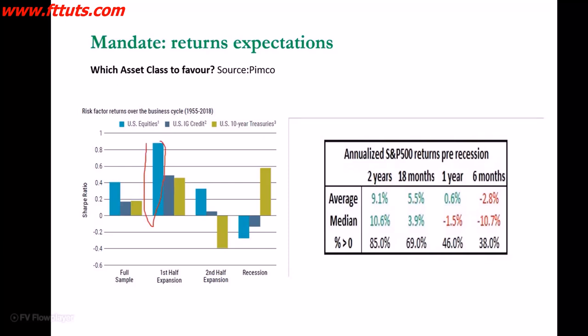In the second half, as we can see, the 10 years is not doing well. So bonds are not doing well, but they will do very well in the recession. And that is important because that will tell us what we could expect from asset returns depending on where we are in the cycle.